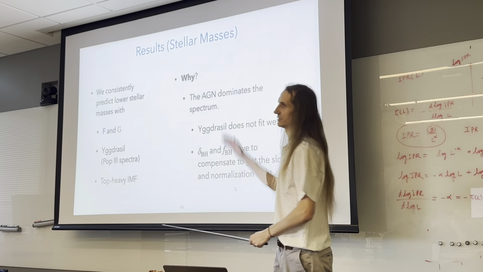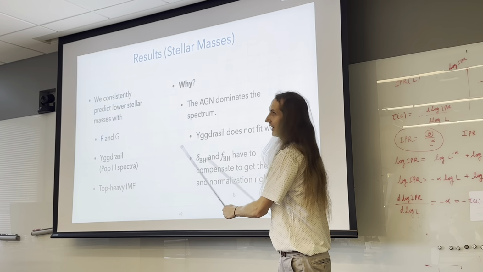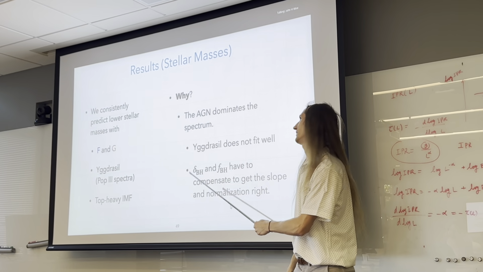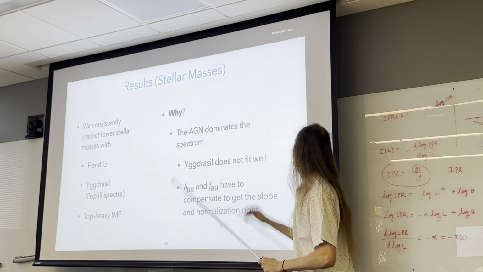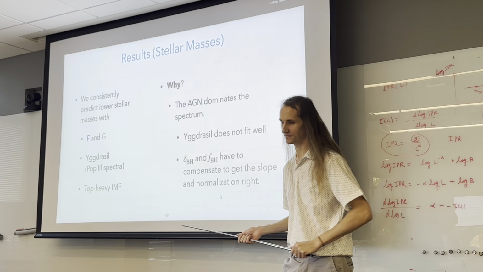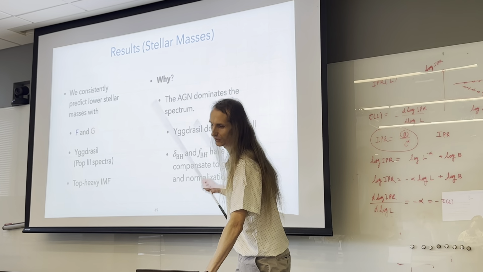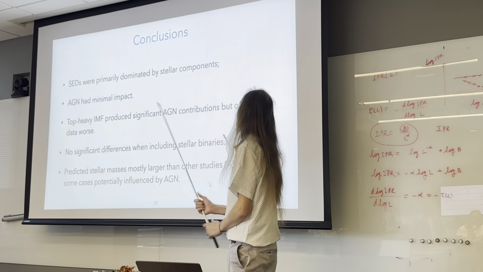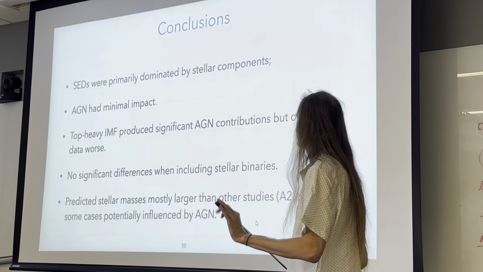Delta BH controls the slope of that spectrum. Basically, these parameters are free to vary as much as they want to try to fit the data when the Yggdrasil can't. So the black hole is compensating for the inadequacy of the Yggdrasil spectrum. But it's still not fitting the data well, so we can't say with confidence that these galaxies have black holes.